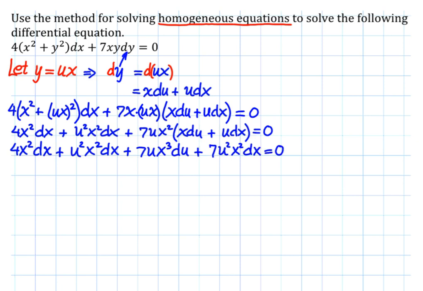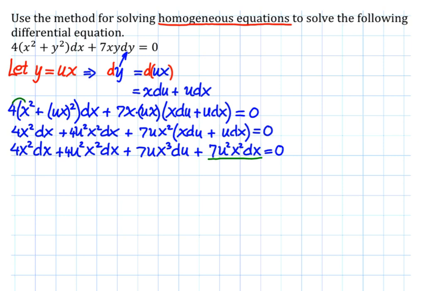Now we should be able to simplify something. And what we see here is we have 7u squared x squared, and I'm sorry, when we multiply the 4, I forgot there's the 4 there as well.